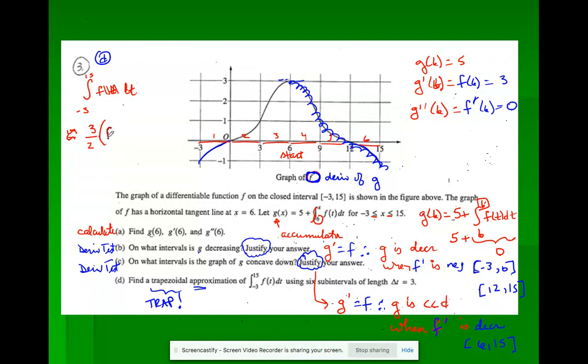And I'm going to use the left endpoint once and the right endpoint once. And then 2 times all the middle.